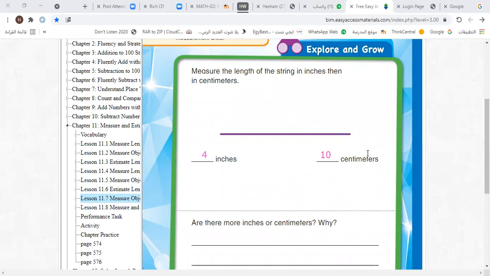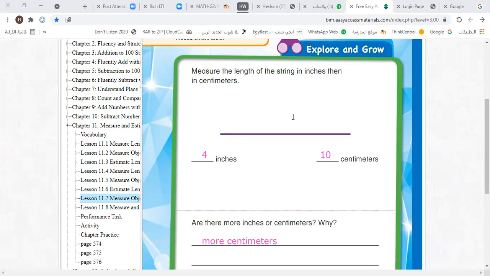Here 10 centimeters, but here 4 inches. So it's more centimeters. Thank you, Omar.